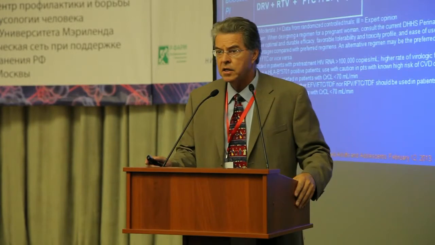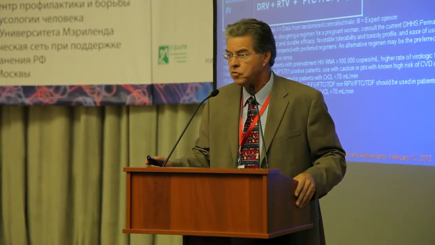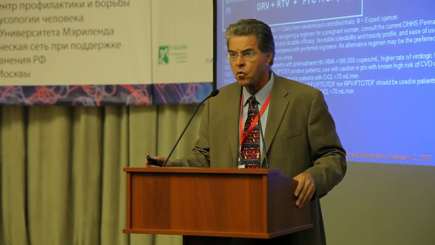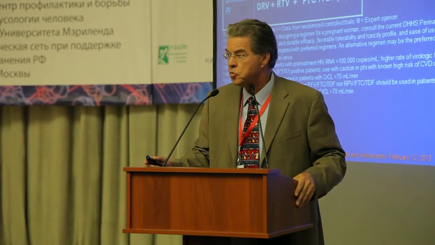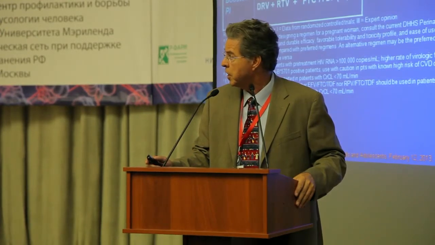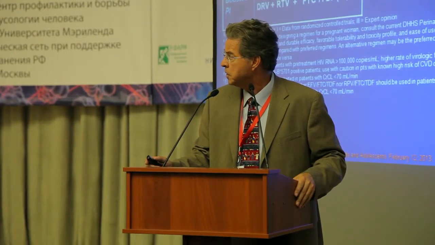So the guidelines for therapy from the U.S. Department of Health and Human Services list a variety of regimens for various categories of patients, including treatment-naive patients. And these are the preferred regimens for treatment-naive patients. In the NNRTI category, it's a triplet containing efavirenz. In the integrase category, it's raltegravir plus Truvada.